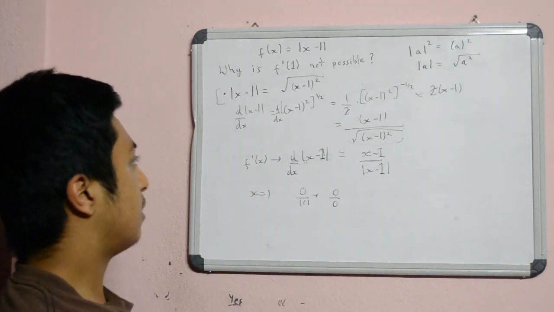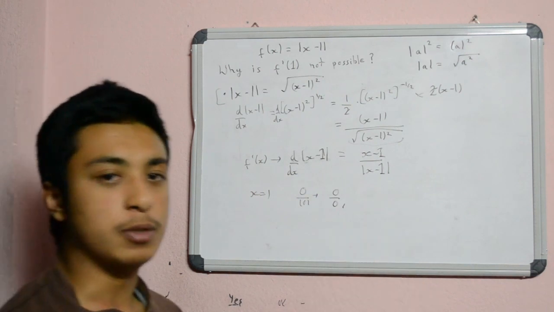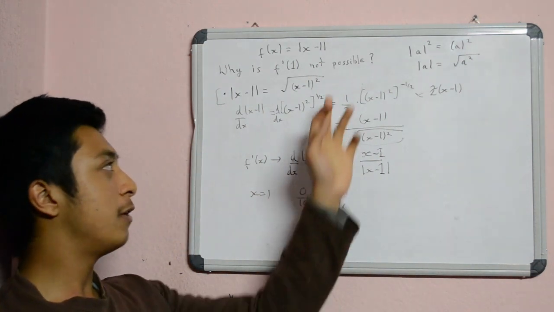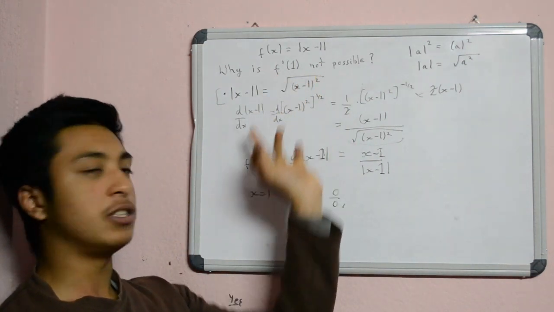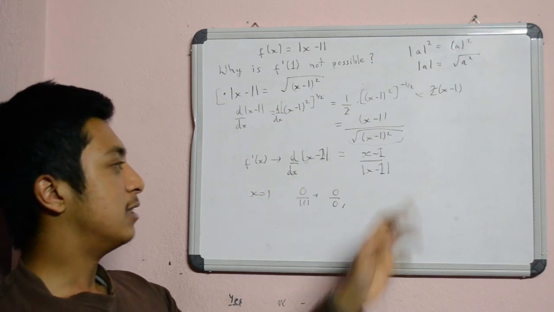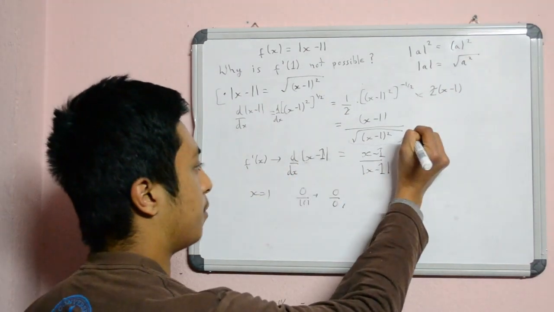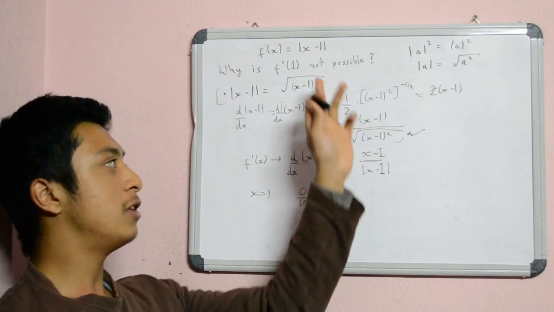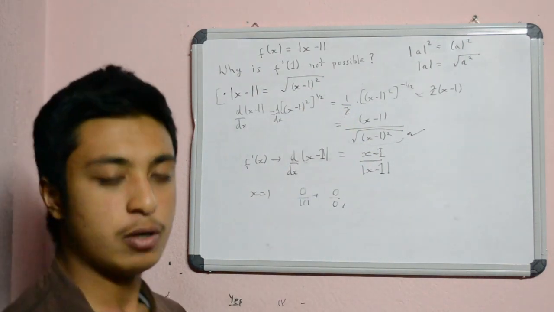It will not be differentiable at x equals 1, and this is the part where you have to be the most careful while differentiating a modulus value or modulus function.